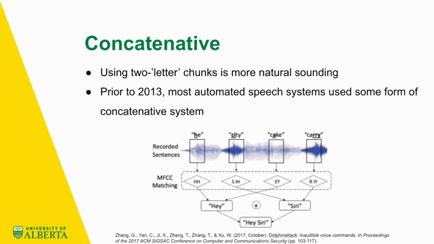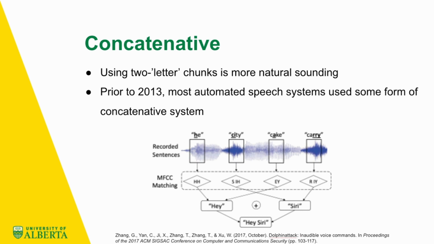So you're not just going to extract just the sound h or just the sound s from city. You're going to extract what we call diphones. And so you'll extract the sound hey from hey, and se from city, and t from city, and even the in-between thing, it from city.